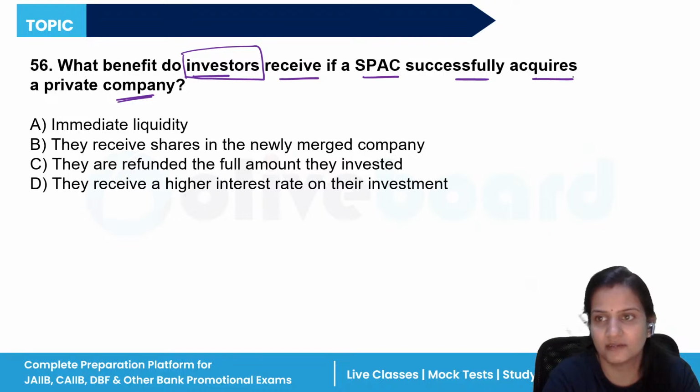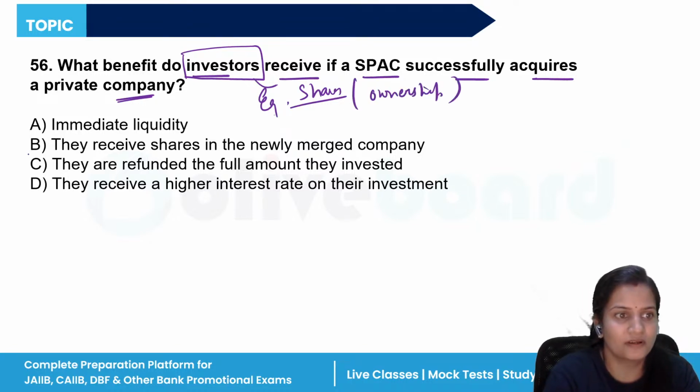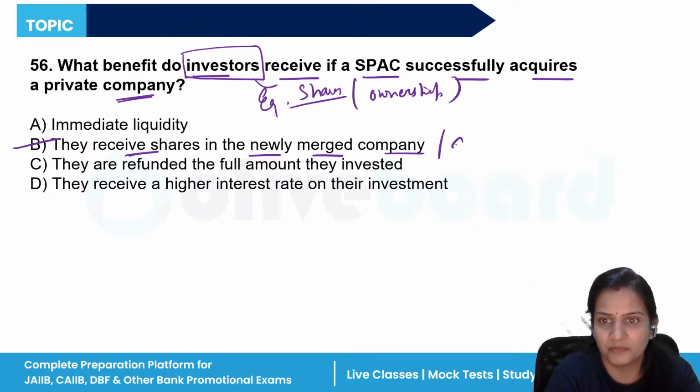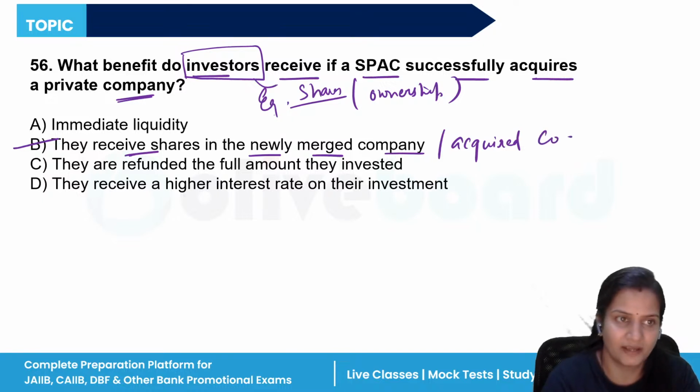They invest in different companies with the intention of what? What is their ultimate intention? That is to get the ownership, to get the shares of that company, the equity shares of that company. Then only they will get the ownership. So they receive shares in the newly merged or acquired company immediately. Clear?